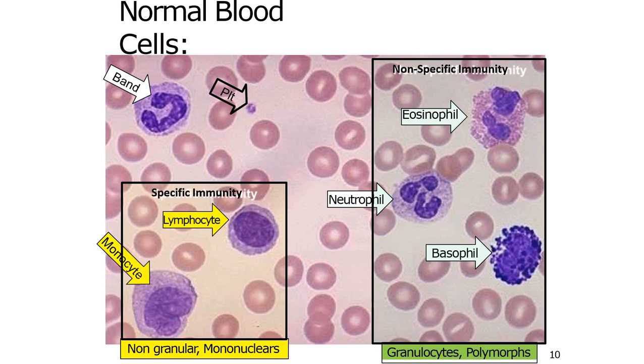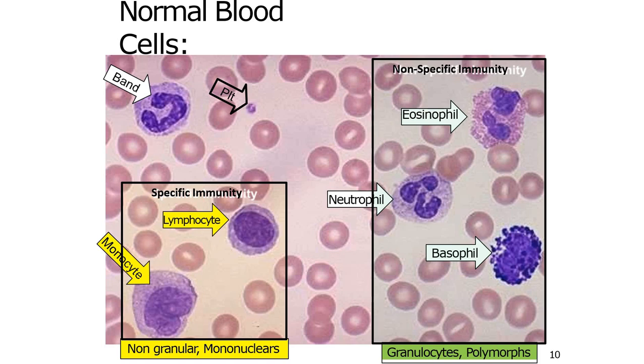When I say differential, what I mean is that on a peripheral smear, if I'm counting 100 WBCs, the percentage of neutrophils present in those 100 WBCs is around 50 to 70. So that is the differential of the neutrophils on a WBC count.